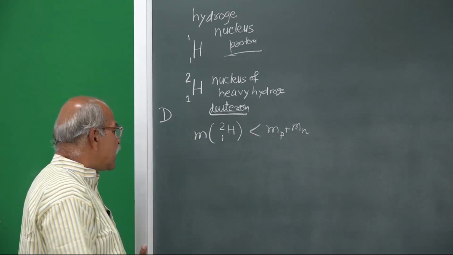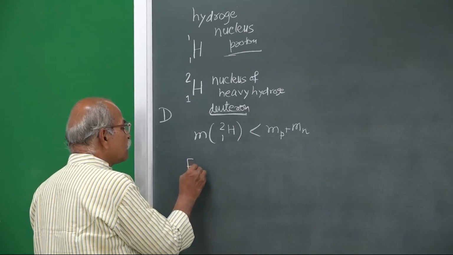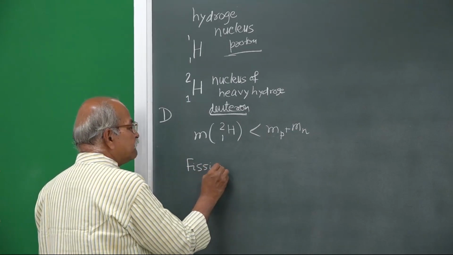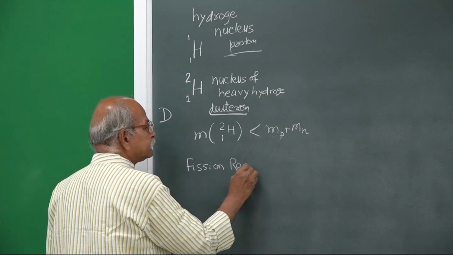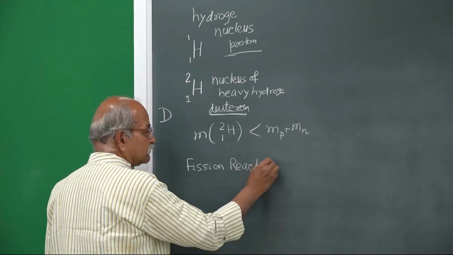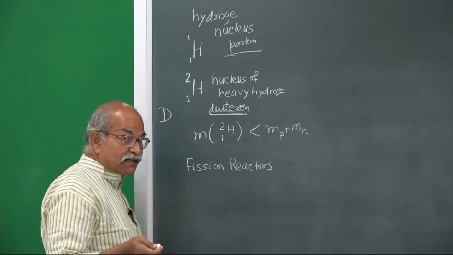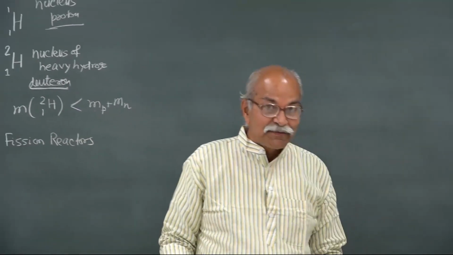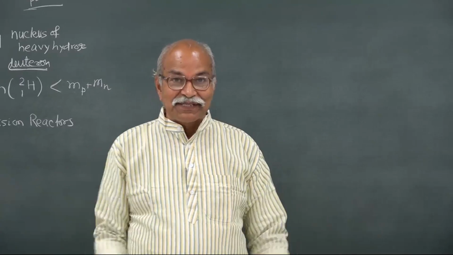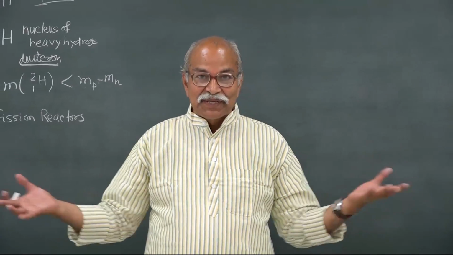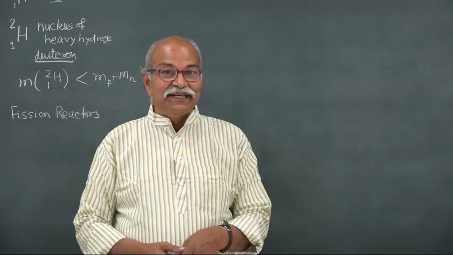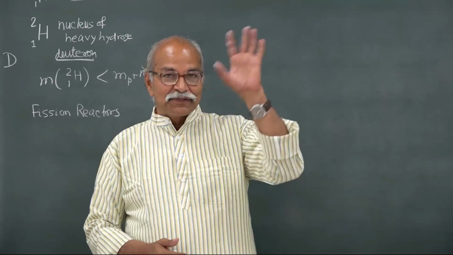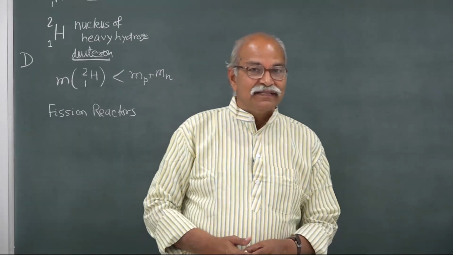We have fission reactors. We have 21 fission reactors in India. The best ones are here in terms of continuous operation and safety. Our 21 reactors are rated very high among the total 450 or so reactors in the world.